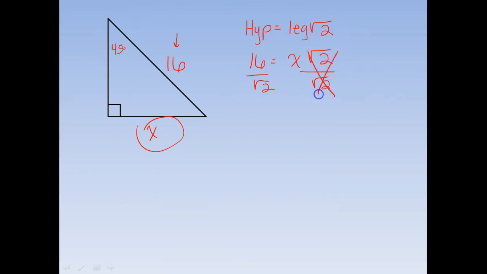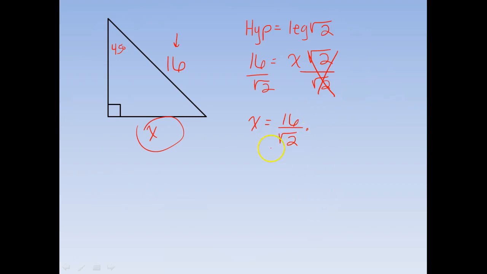I'm going to rewrite this problem so that your x is on the left. x equals 16 over root 2. We cannot have an irrational number in the denominator, so I'm going to multiply the top and the bottom by the conjugate, which is root 2 over root 2.